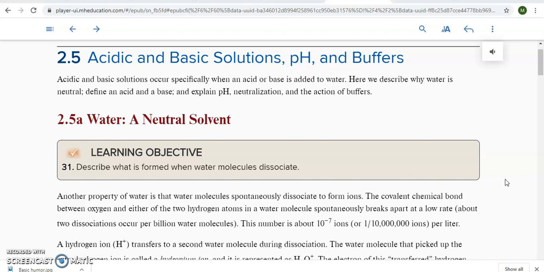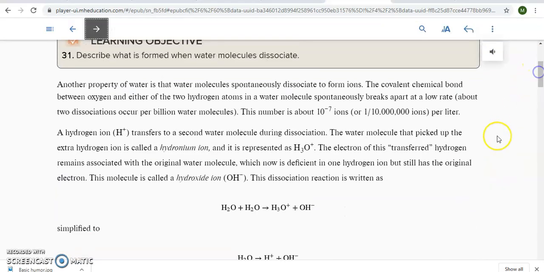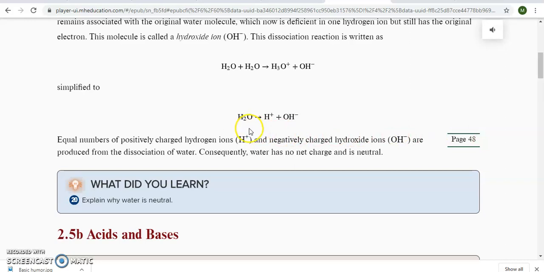So whenever water dissociates, so here we have a water molecule, and some water molecules will dissociate or break down. When it breaks down into a hydrogen ion that has a positive charge, and then a hydroxide ion that has a negative charge.